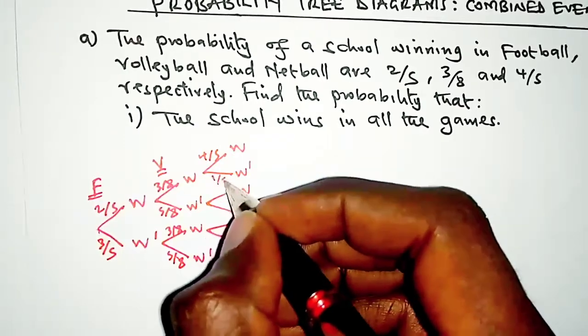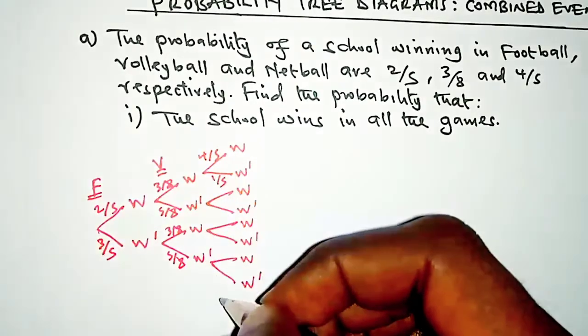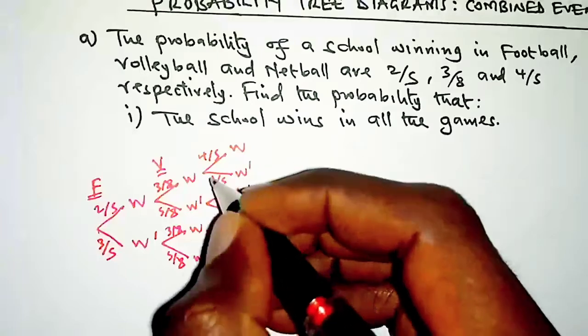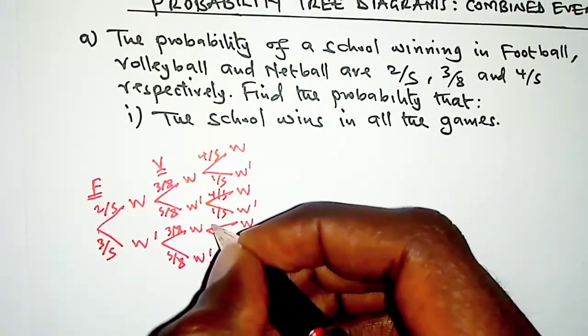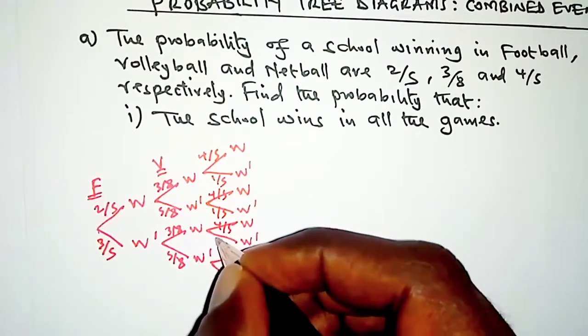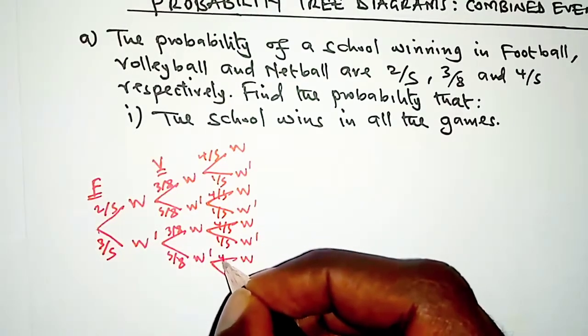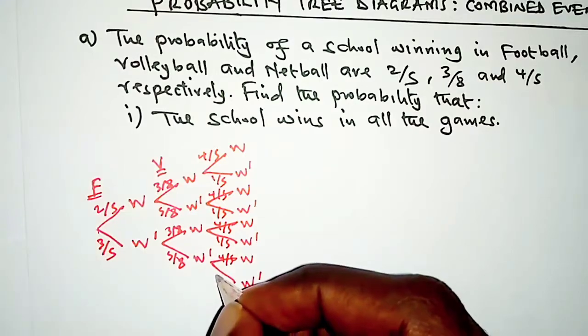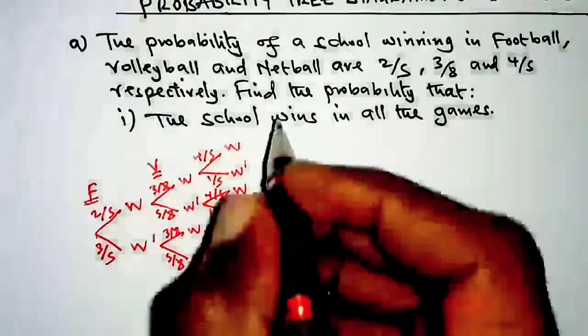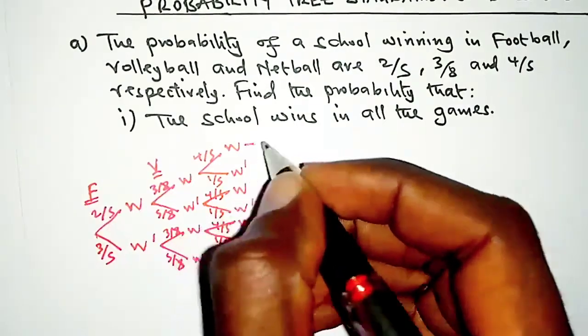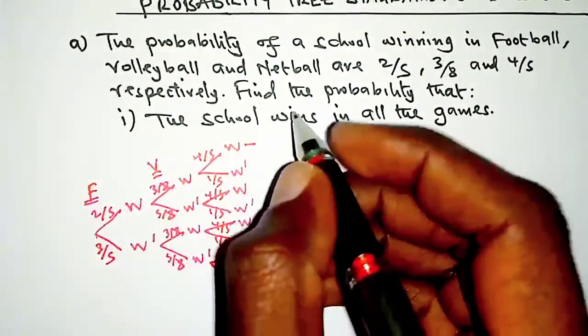Losing is 1/5. And this will repeat throughout downwards. So we have 4/5, 1/5, 4/5, 1/5, 4/5, and 1/5.